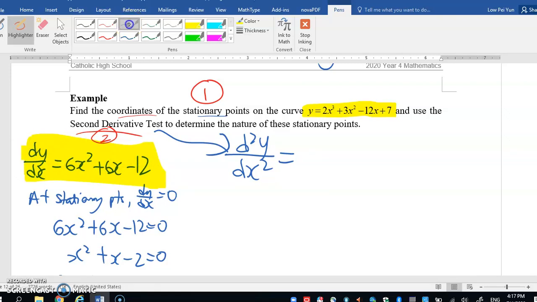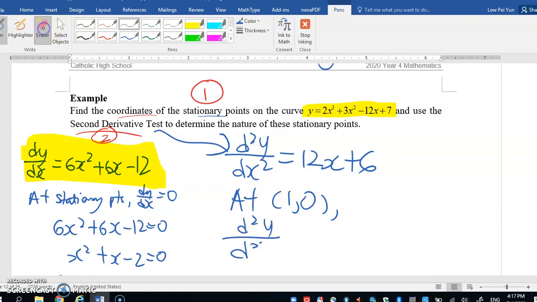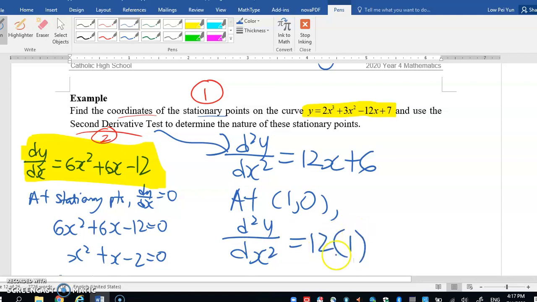And I am going to get 12x plus 6. Now, at my first stationary point, which is (1, 0), I am going to find out what d2y/dx squared is. So I'm going to substitute in my x using 1.